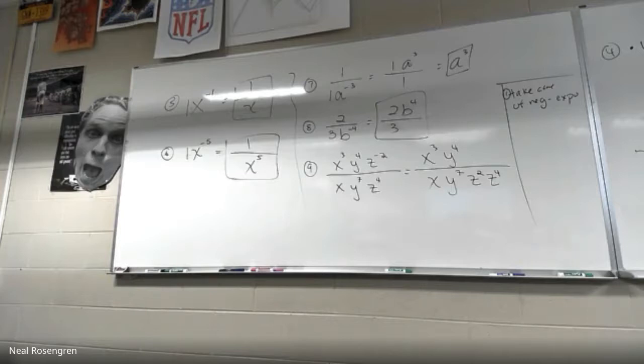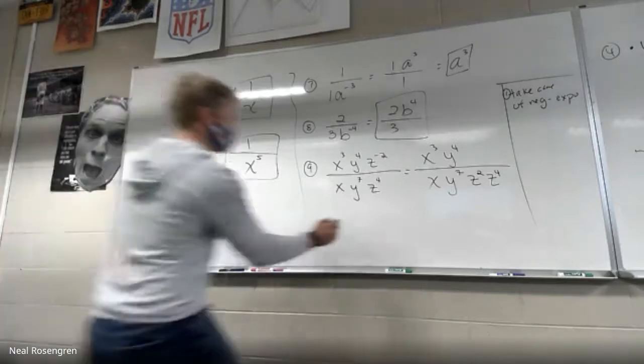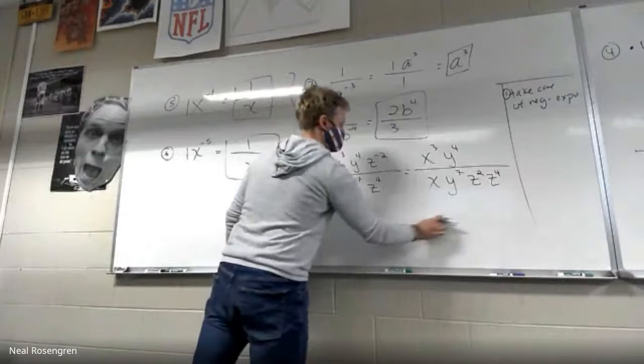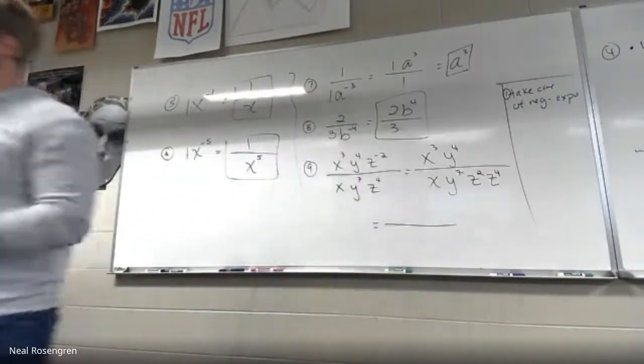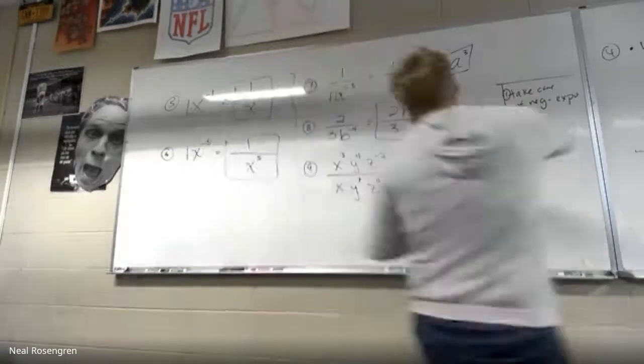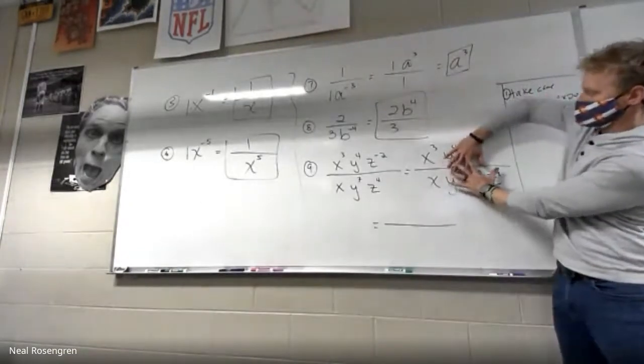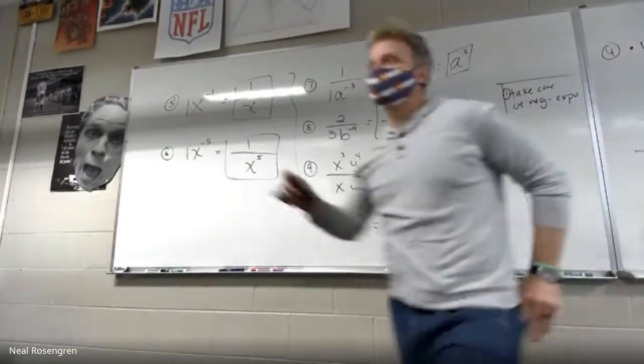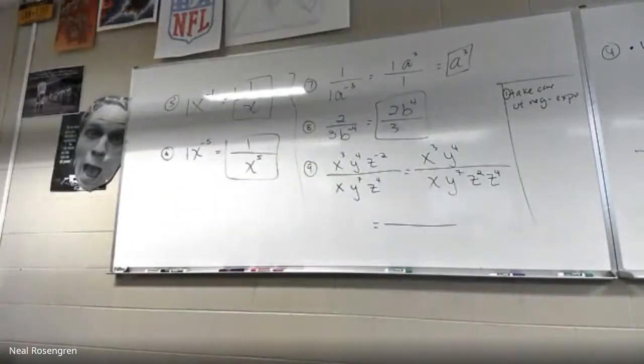Now we can put some stuff together. X's with X's, Y's with Y's, Z's with Z's. And consider them separately. Like in my mind, I don't even see these anymore. All that's gone. All I see is x cubed up top and x on bottom.